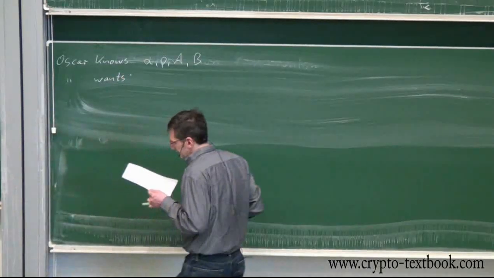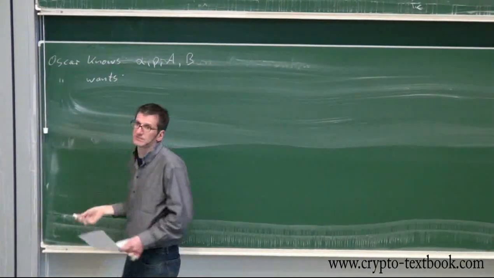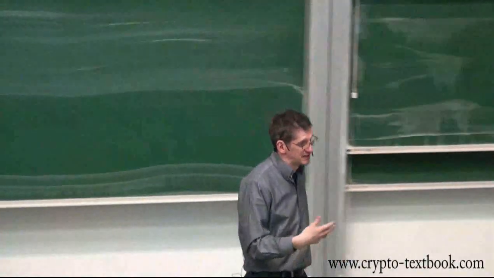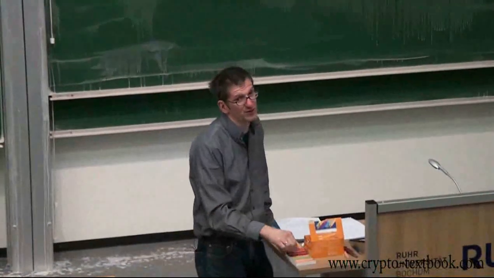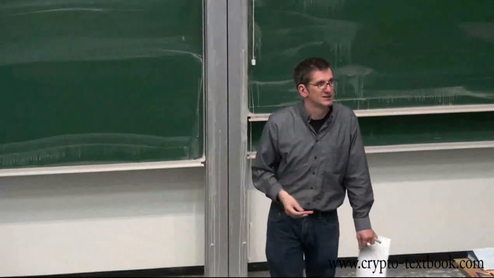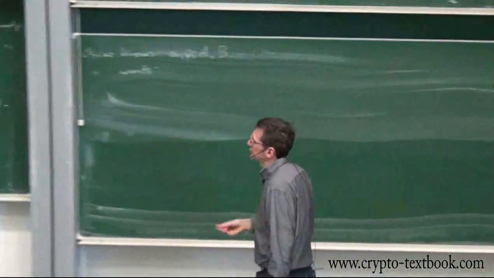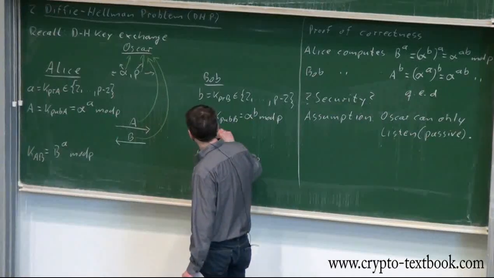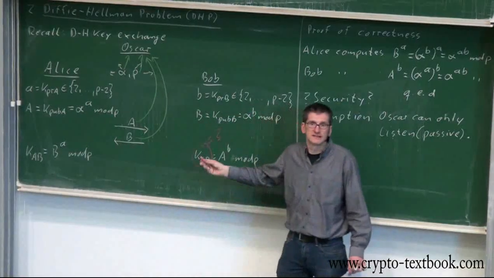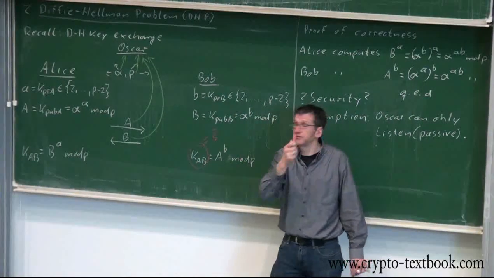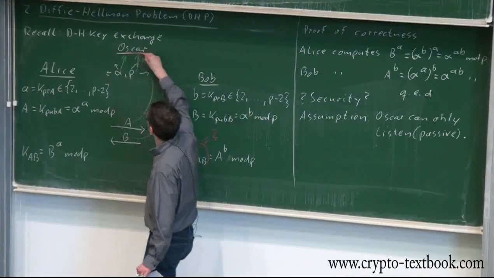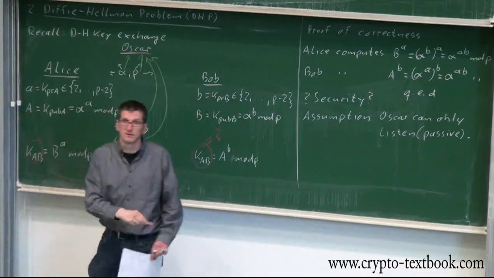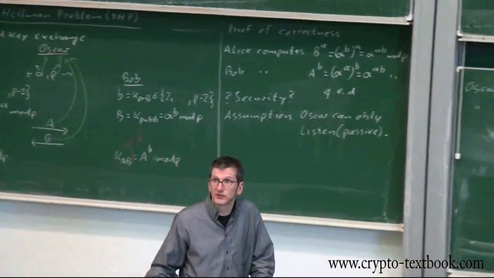What Oscar wants is, it's a good question, what does he want? What is the parameter he doesn't know and he would really, really like to know? Yeah, K_AB, exactly. The ultimate goal here, and that's very important. Read this from Oscar's point of view, right? This is Oscar here. And if he can compute that, it's a stupid protocol, right?